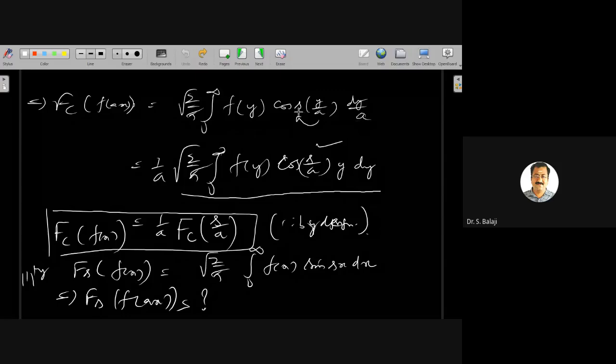Club this a with s here, then we take 1 by a outside of the integration: 1 by a root of 2 by pi integral 0 to infinity f of y cos of (s by a) y dy, and that is equal to Fc of f of x.